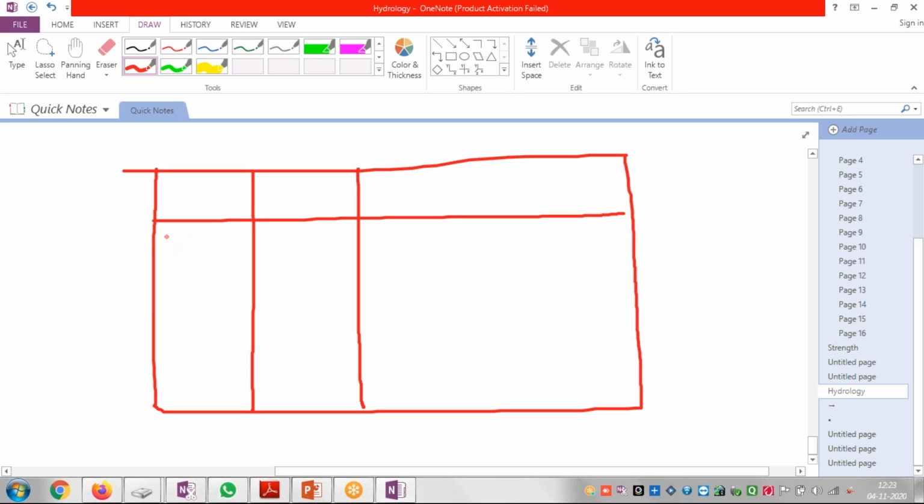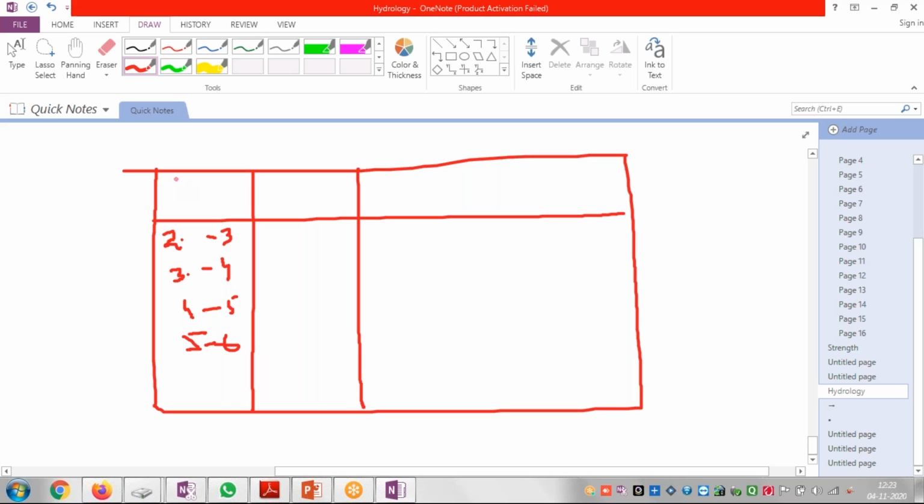And here it will be said that the range of rainfall is given, that is 2.5 to 3, then 3 to 4, then 4 to 5, then 5 to 6.